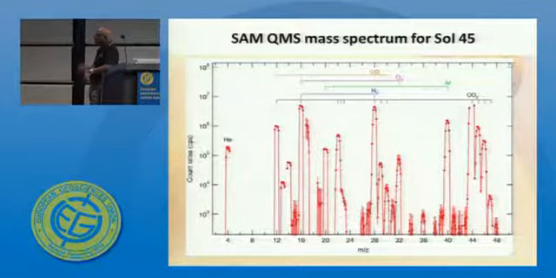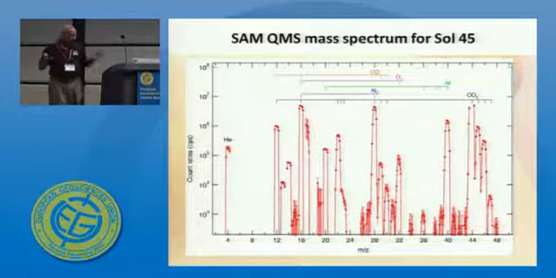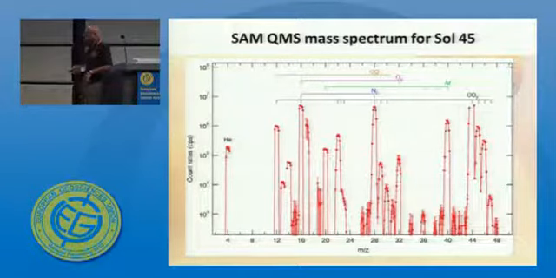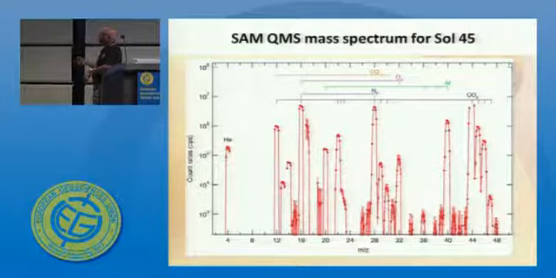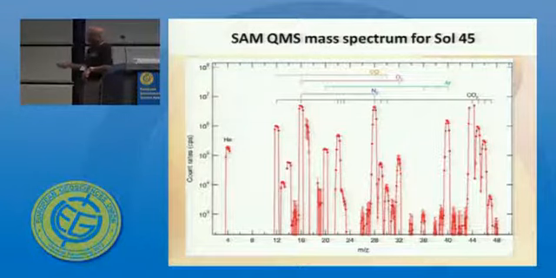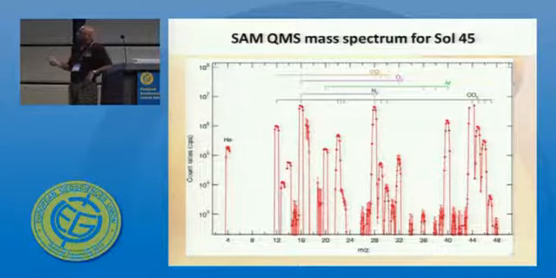So this is a typical portion of the mass spectrum, because we go up to over 500 mass numbers, and this is the mass to charge ratio here. It shows the carbon dioxide fractionation pattern. So you're seeing here the carbon dioxide main peak at mass 44, and then you're seeing at mass 28 carbon dioxide going into carbon monoxide in the mass spectrometer, and so on and so forth.